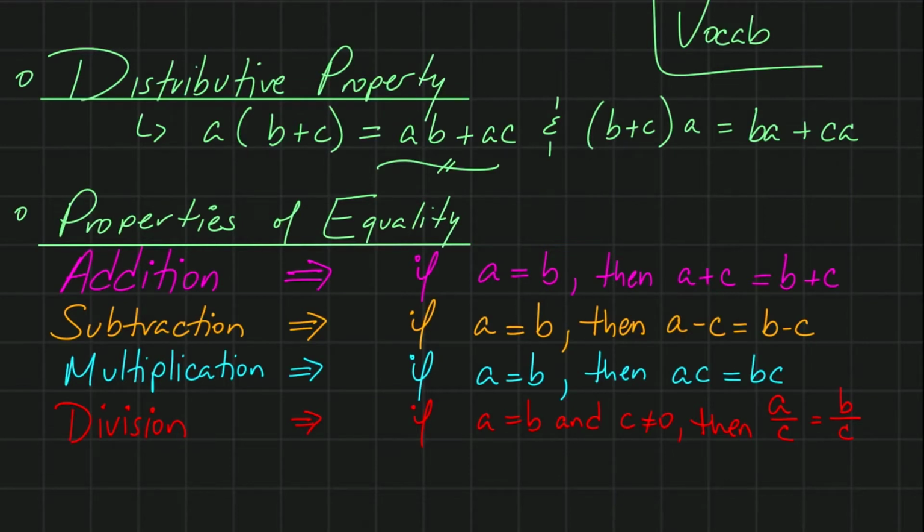The subtraction property of equality means that if A is equal to B, then A minus C is equal to B minus C. The multiplication property of equality: if A is equal to B, then A times C is the same thing as B times C. And the division property of equality says that if A is equal to B and C doesn't equal 0, then A divided by C is the same thing as B divided by C.